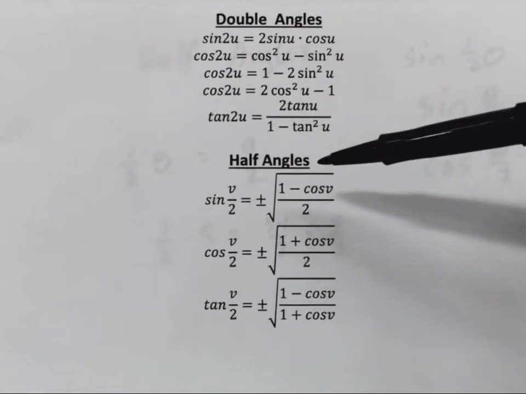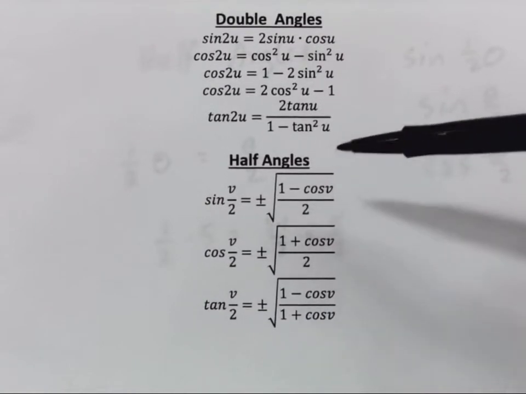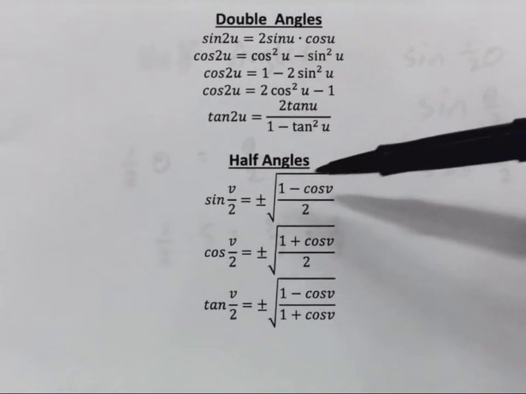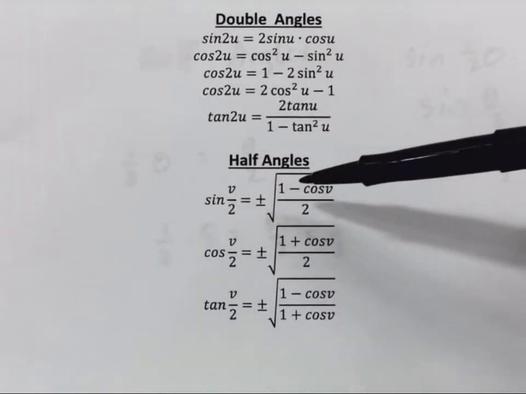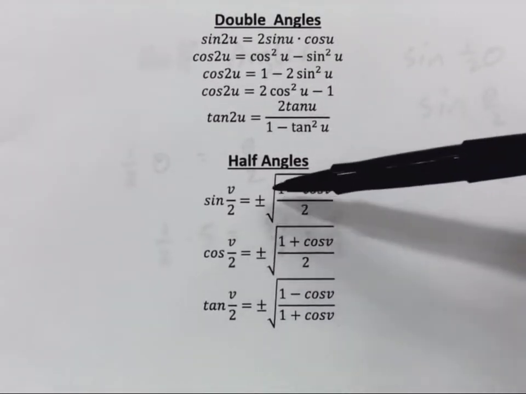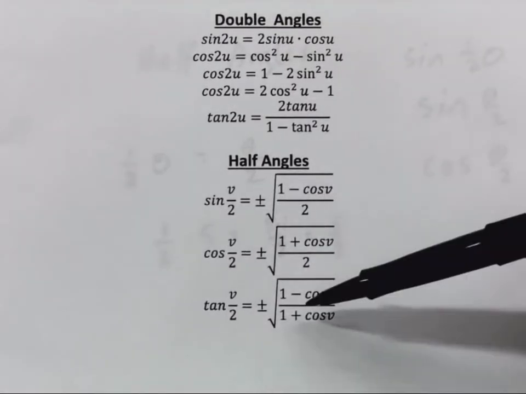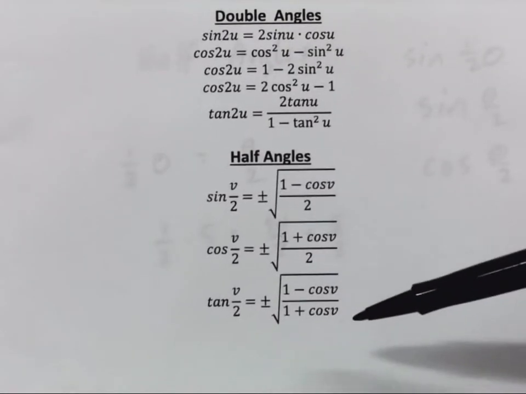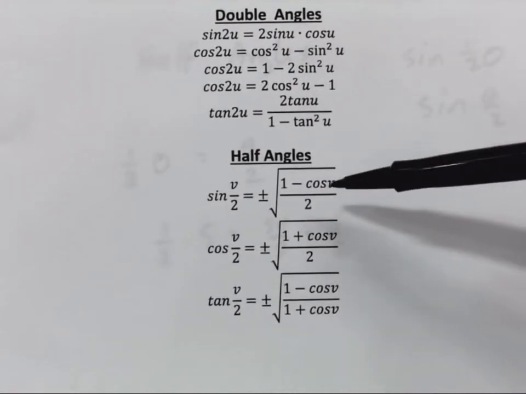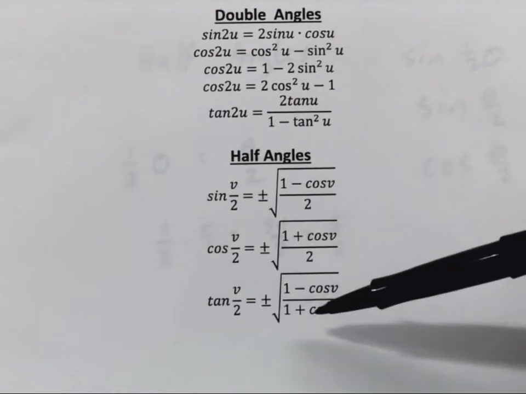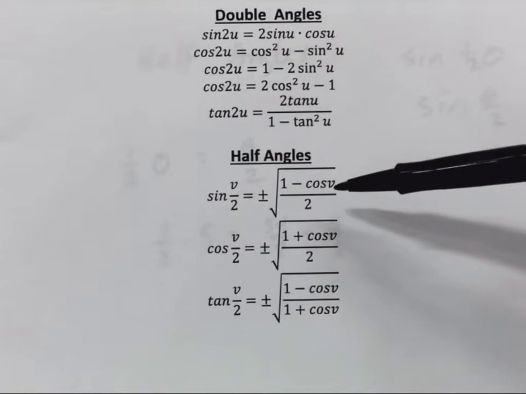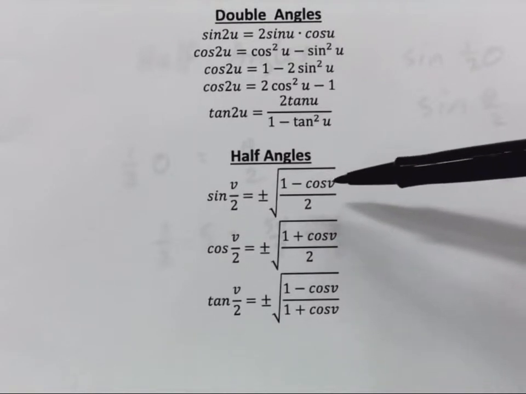Now, as we work through these, you're going to see one of the keys is, when you look at these half angle formulas, of course, all 3 of them are square roots. What's interesting is, if you look at the actual formulas, all three of them contain only the cosine.